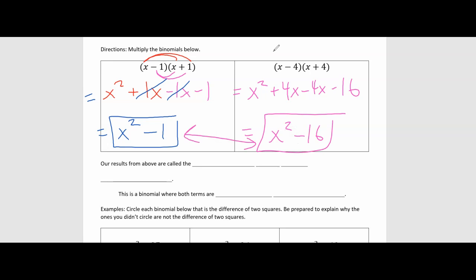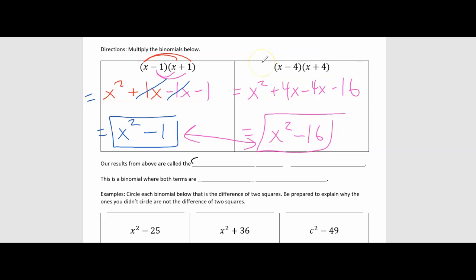Both of these answers are called the difference of squares. The difference implying subtraction. So we're always going to be subtracting two terms here.